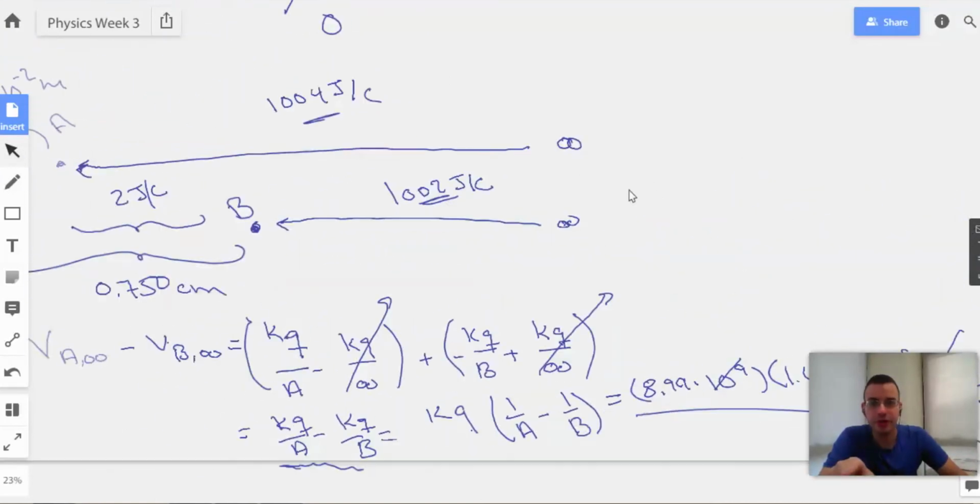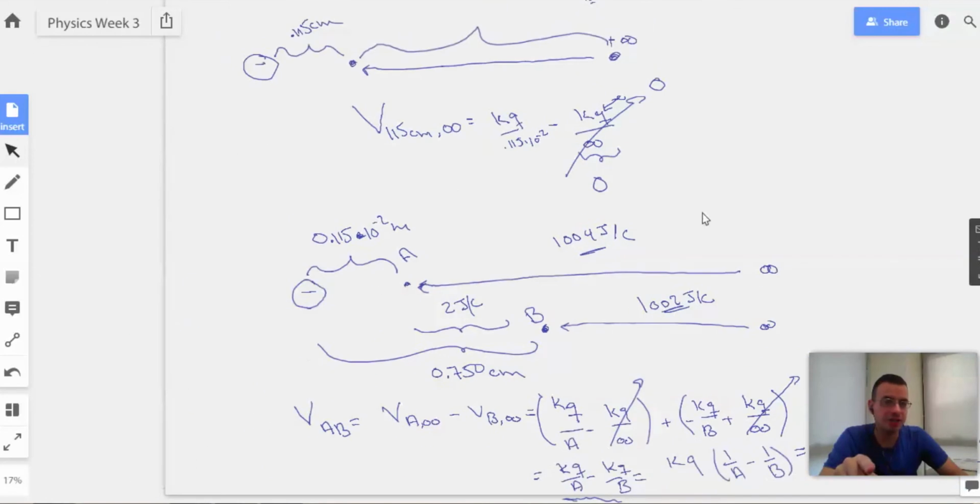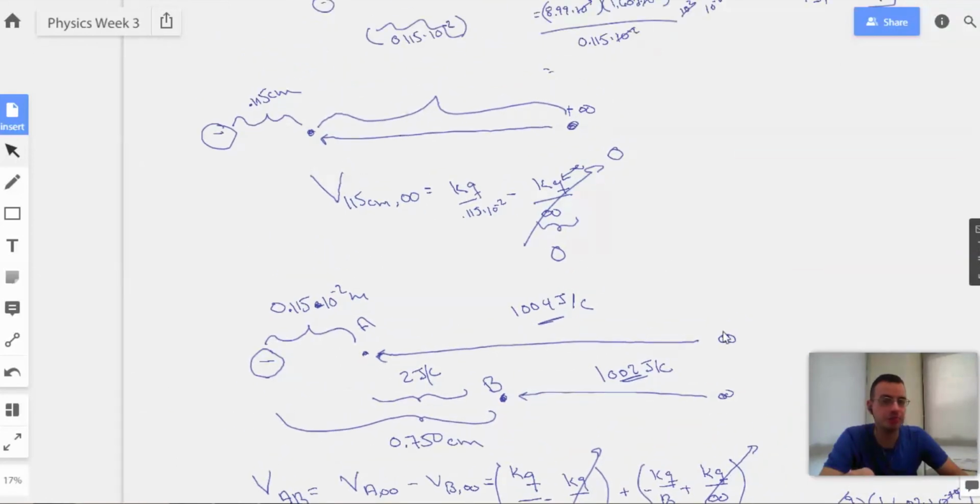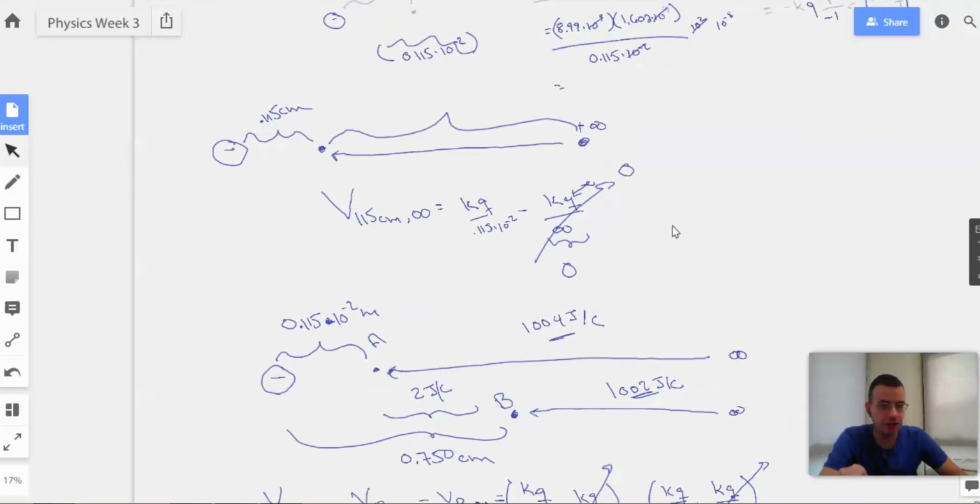If these were positively charged and we were bringing it, then they would attract each other. So it would actually be easier to bring them together than to do nothing at all. Therefore, we'd represent that by having the work as negative.